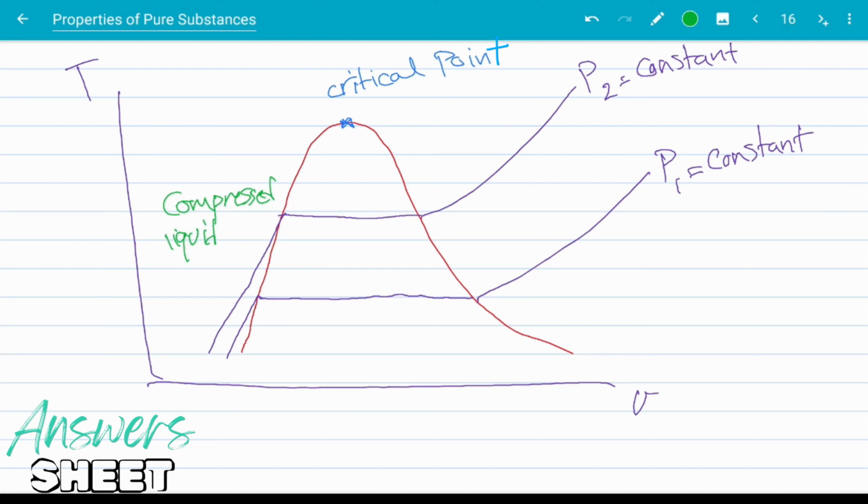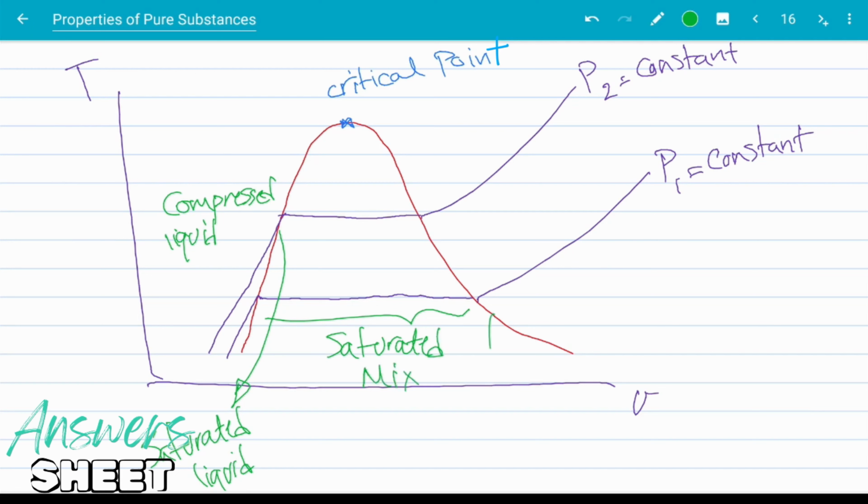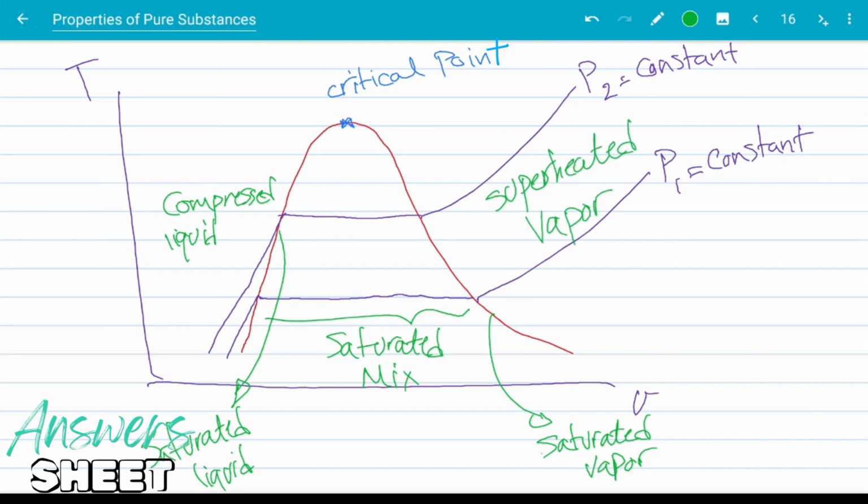Anything on the dome is saturated liquid. The area in between is a saturated mixture. Anything on this side of the dome is saturated vapor. And of course, anything on the right-hand side of the dome in this area is the superheated region. Now this is called a TV diagram.